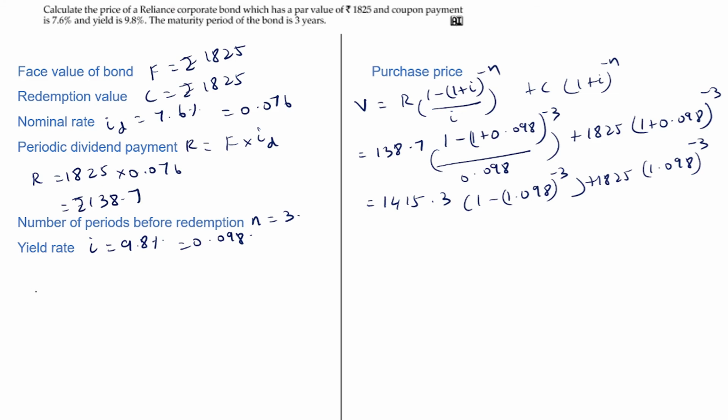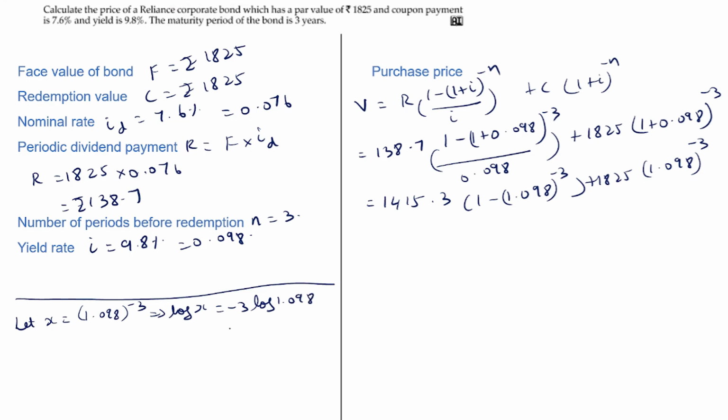So let me find the value of 1.098 the whole raised to minus 3 here using log tables. Let x be equal to 1.098 the whole raised to minus 3. From this we get log x as minus 3 into log 1.098.